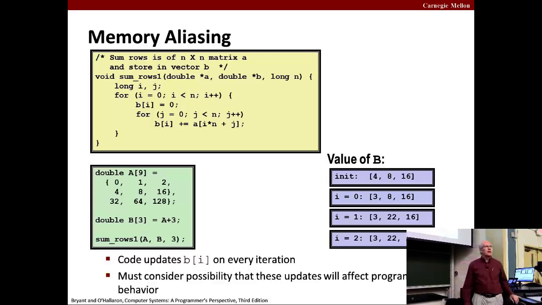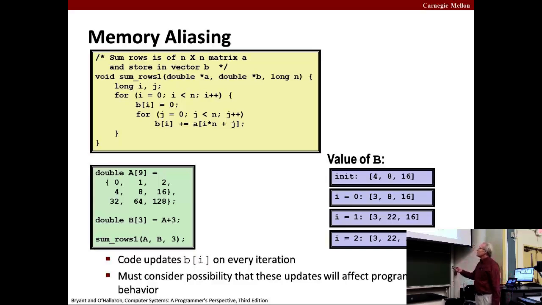That's referred to as aliasing, when two separate parts of the program are referring to the same locations in memory. And the C compiler has no way of knowing. There's a lot of work in optimizing compilers to detect aliasing possibilities, but in general, it has to assume aliasing might happen.